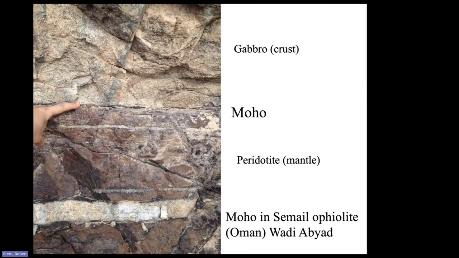All right, so here we're looking at the Moho in the Samail ophiolite, which is in Oman. So here you have gabbro, and here you have peridotite, kind of reddish, and here a finger is pointing to the Moho. So this gets back to Brad's question, is the Moho a layer?